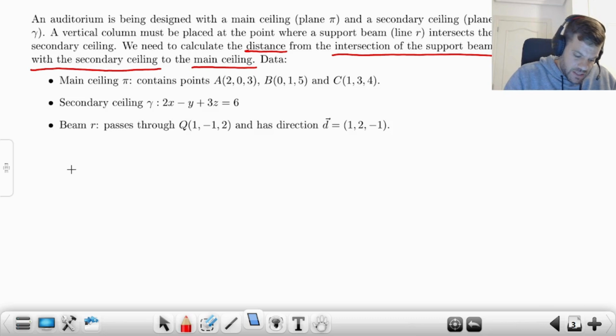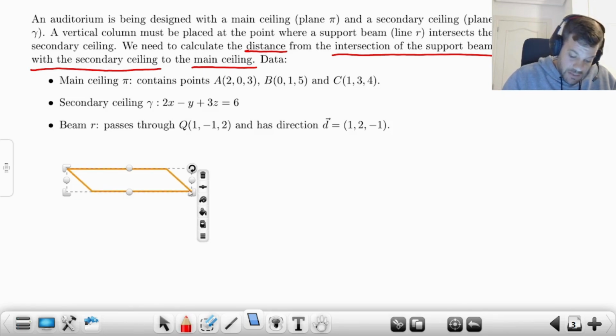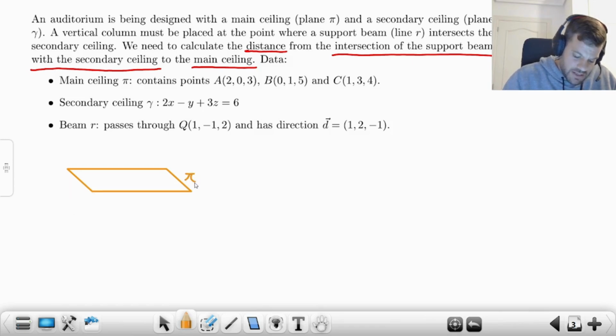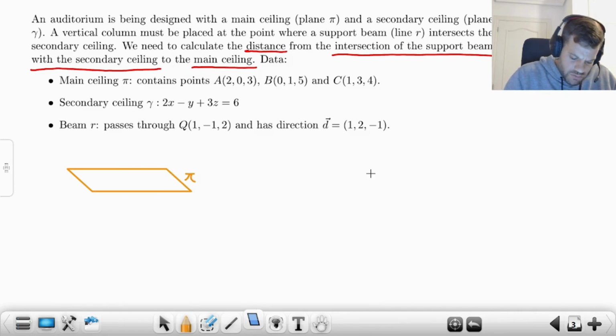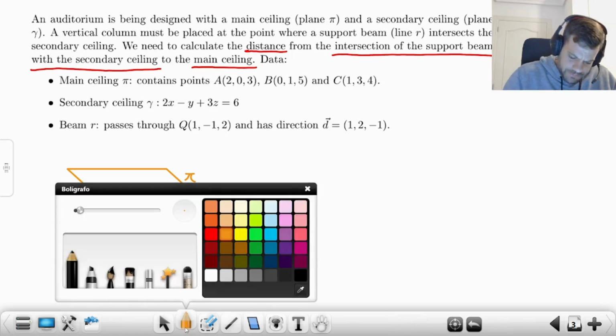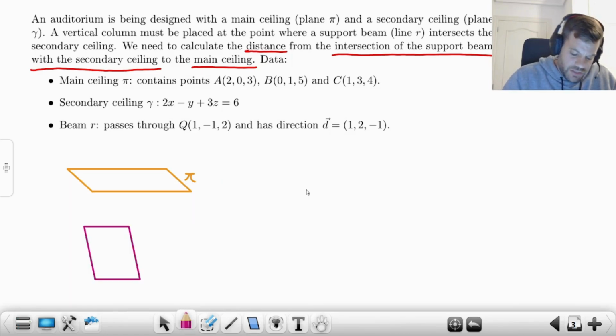So let's say that this is plane pi, the main ceiling, and then at a different position we have plane gamma, the secondary ceiling. Again, I'm aware that these two planes probably do not represent the numbers given in the problem, but it's just a sketch.